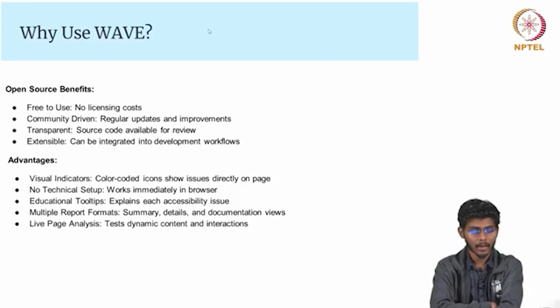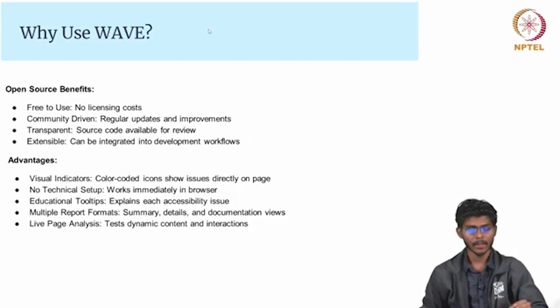As I said, it has open source benefits: it is free for all, and you can also check out the source code for review, and it can be integrated into development workflows, like what HTML code we can manipulate to make the website more accessible for everyone.